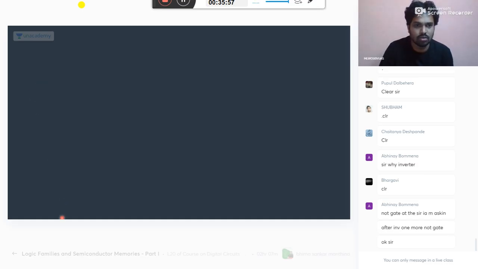Say I am having one gate. It may have n number of inputs. Don't worry about it, that is not our concentration here. For this output, we are connecting n number of inputs of other gates.